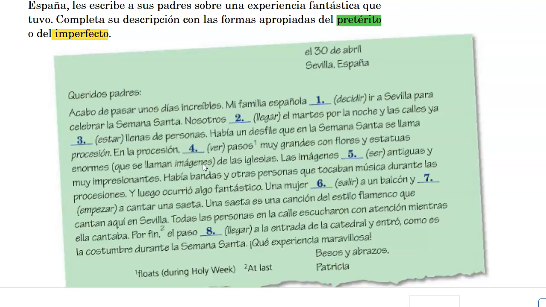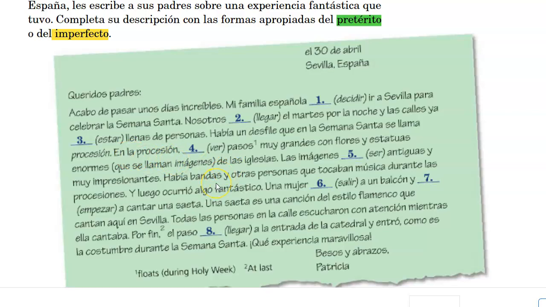So, ver in the preterite here, and we can assume that this is probably in the yo form, right? Because it's Patricia writing a letter to her parents. En la procesión, yo vi. Vi with an accent.